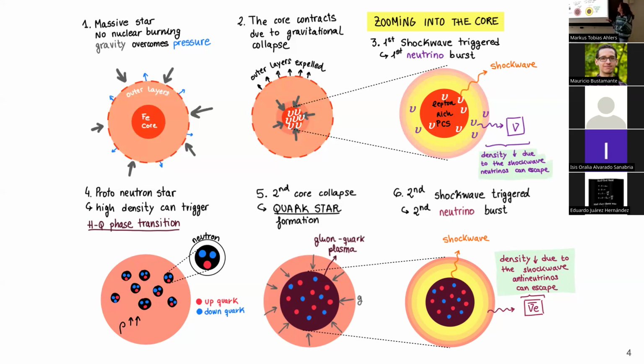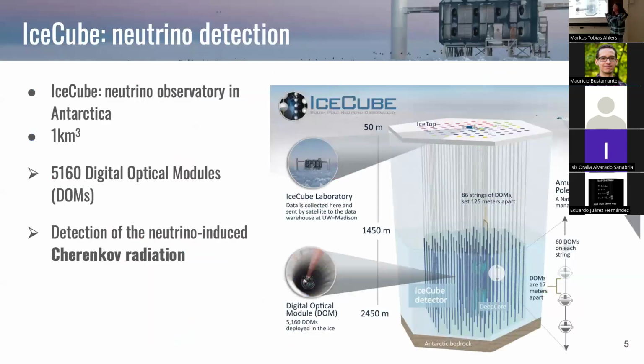So this secondary neutrino burst is mainly composed of electron antineutrinos, which is really nice for detection. In IceCube, we can detect such neutrino signals.